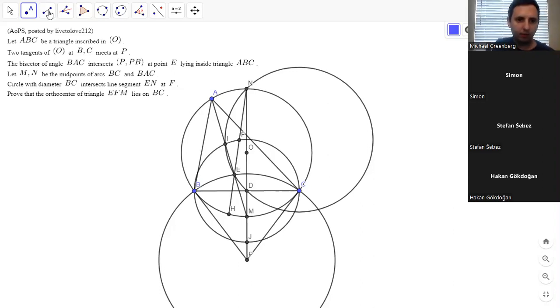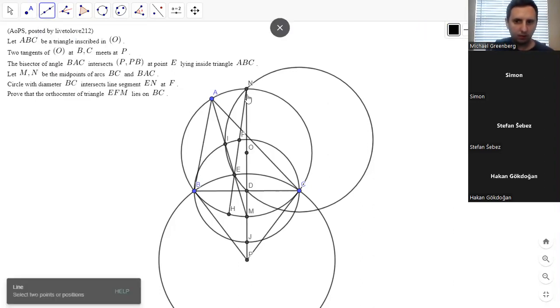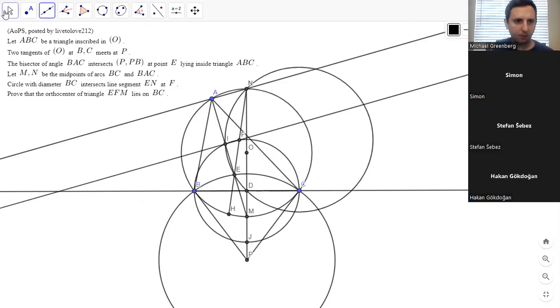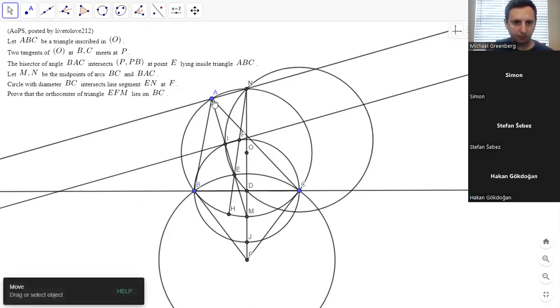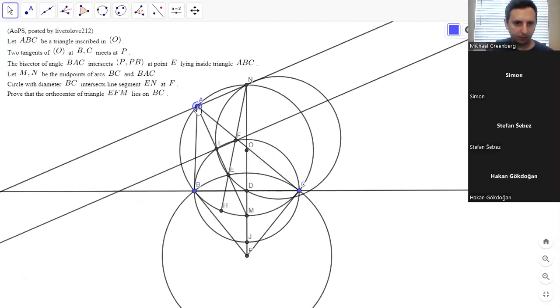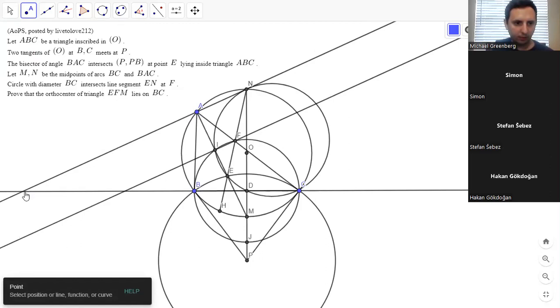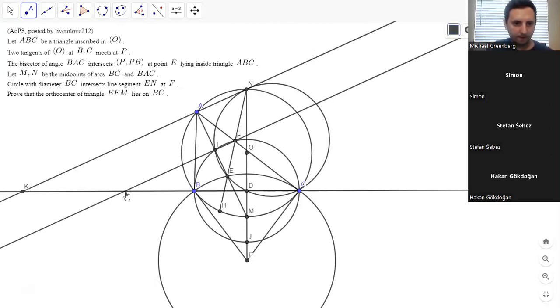What if I draw AN and I draw IF and see where they meet BC? And I wonder if there's any kind of relationship there. So we have this point and this point. Sorry.